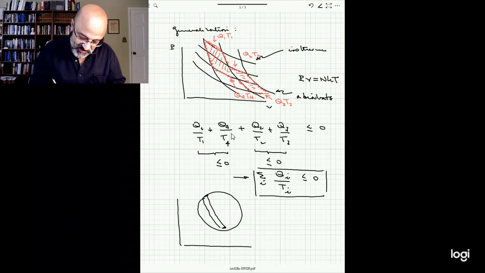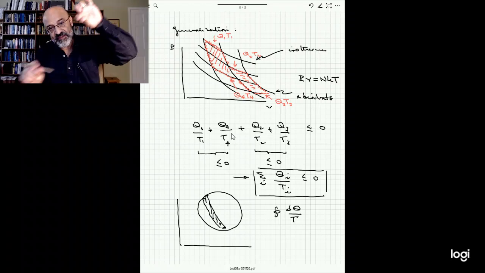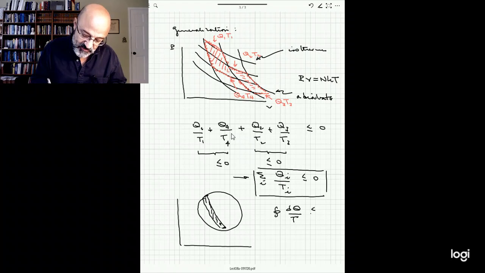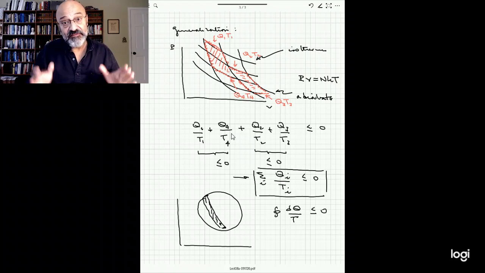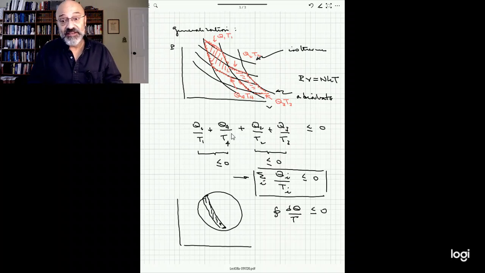So this leads to an expression for what happens with a generic cycle expressed in terms of infinitesimally thin Carnot cycles. This is going to give you equal to 0 if it's done reversibly. If it is not reversibly traversed, then you're going to get less than 0.